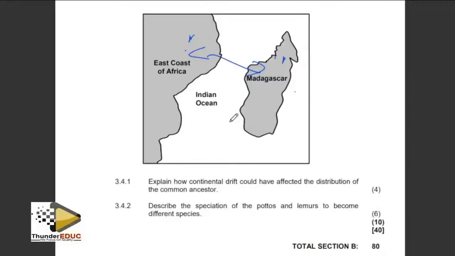Remember, a population is a group of organisms of the same species. And then they experience different environmental conditions. Natural selection occurred independently or differently. And then they became genotypically and phenotypically different. If you remove the ocean and let them mix, they cannot interbreed to produce fertile offspring. Therefore, 2 new species of poto and lemur have formed.